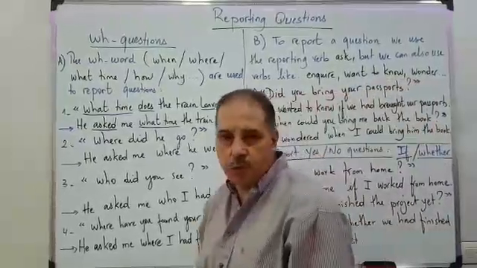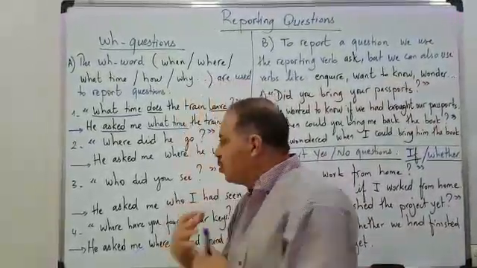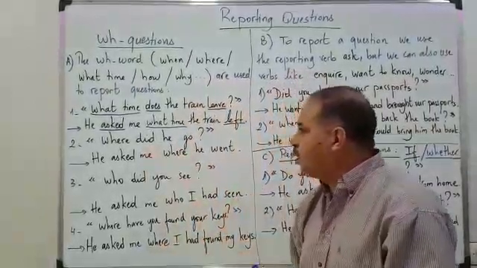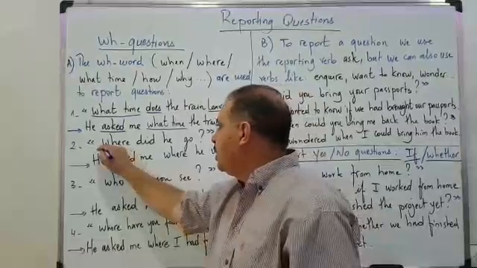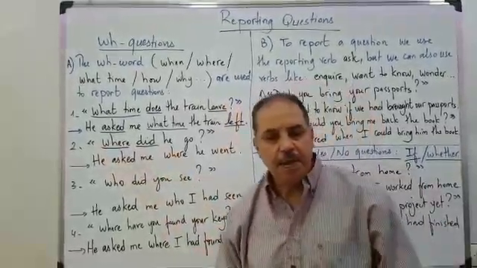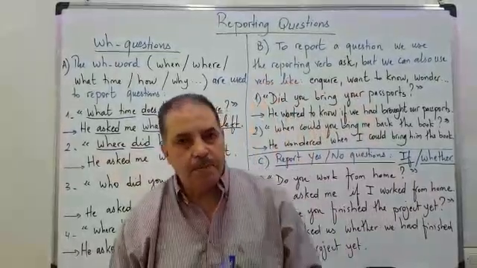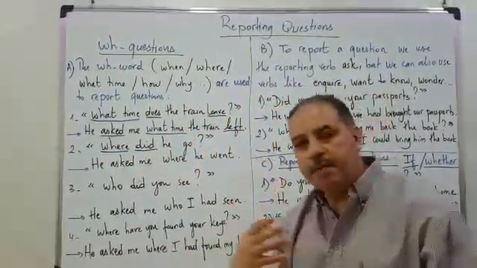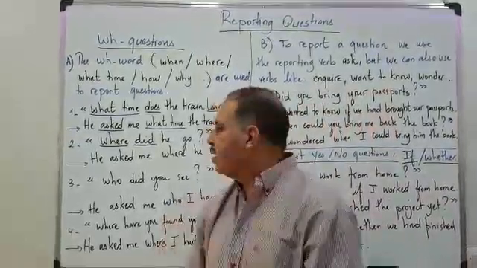The second WH question is: where did he go? So the WH word is where and did, which means we have a simple past question. Simple past becomes past perfect.